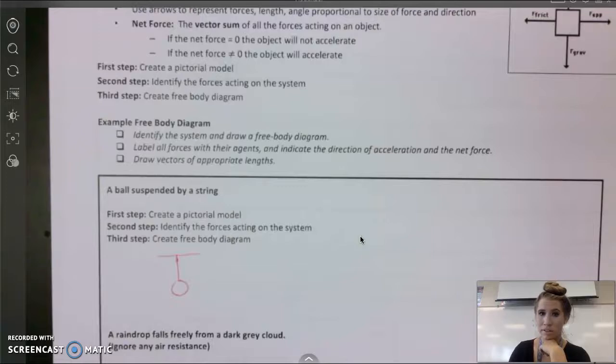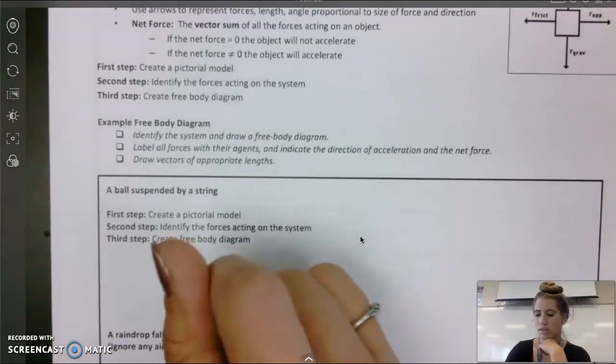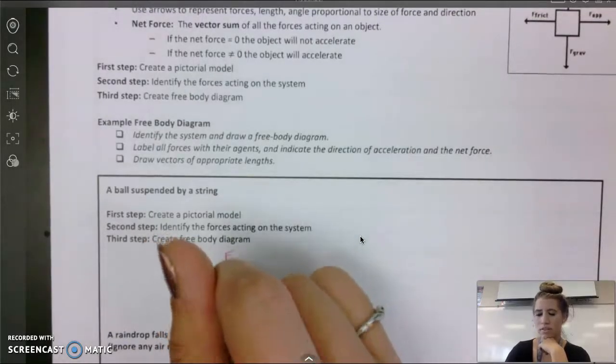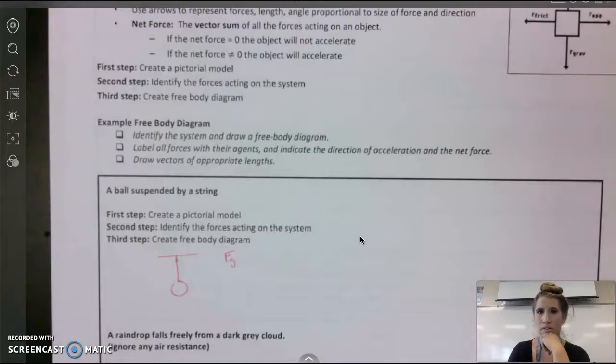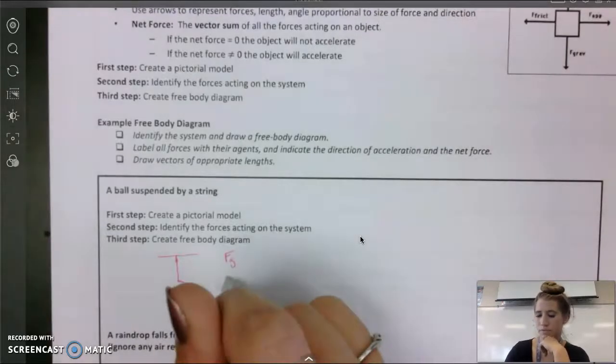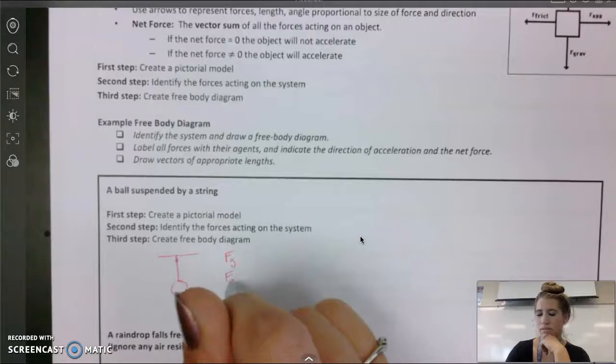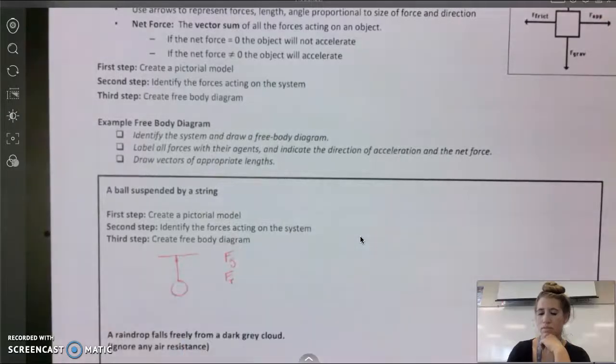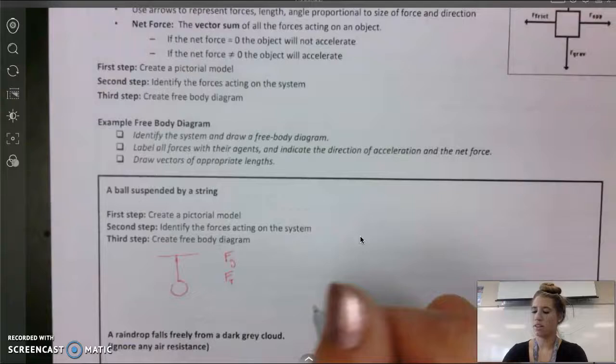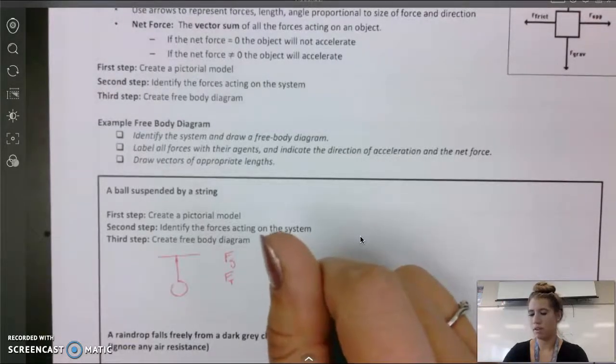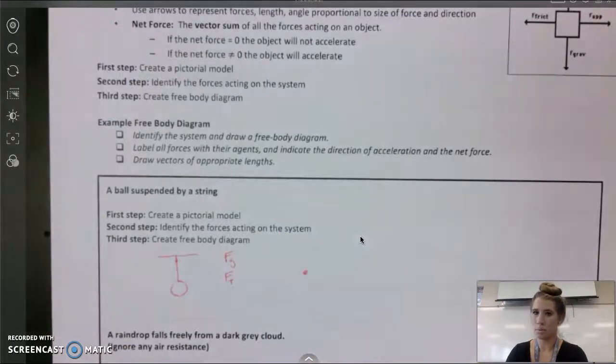When I look at this picture, I know that the force due to gravity is acting on the ball, and I know that tension is acting on the ball. Those are the two forces I've identified. So the last part is I'm going to make a dot that represents the ball.